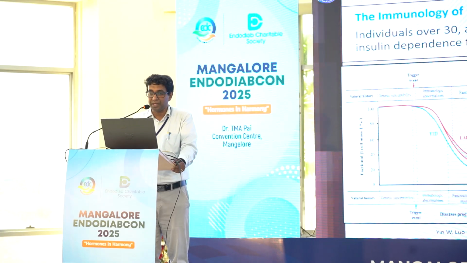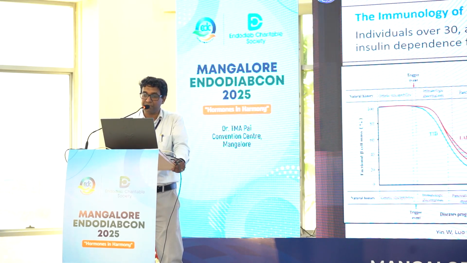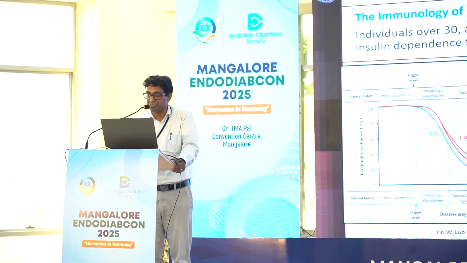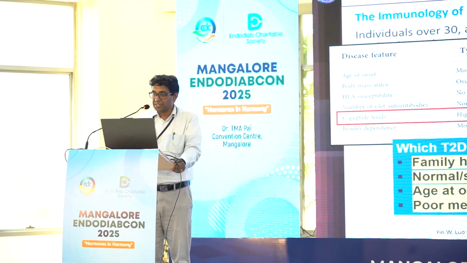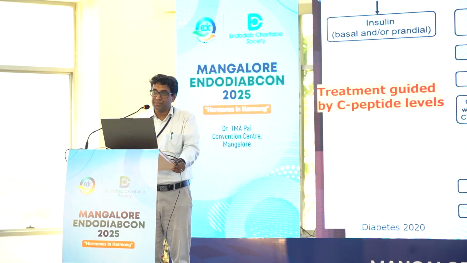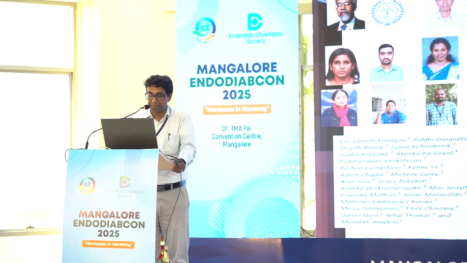So again, a very important phenotype where C-peptide is the bedrock for diagnosis. As you can see, it is one of the key differentiating factors from type 2 diabetes. Not only that, the current recommendation for treatment of LADA is entirely based on C-peptide values, and people with more than 0.3 to 0.7 nanomoles can very well be treated with oral antidiabetic drugs with close follow-up.